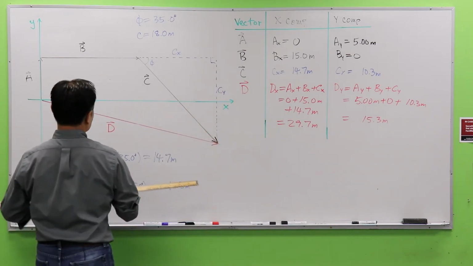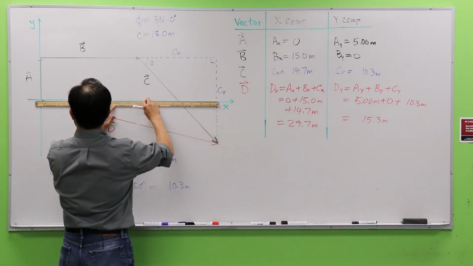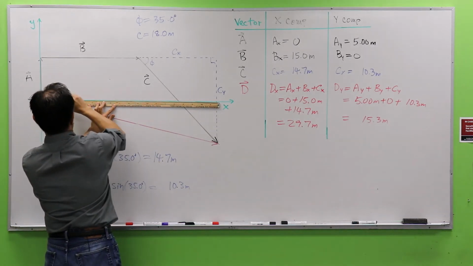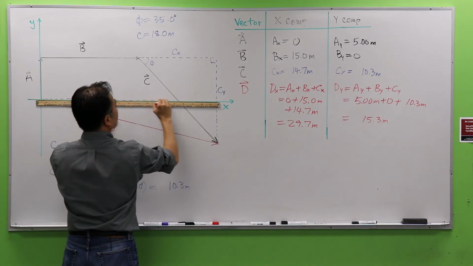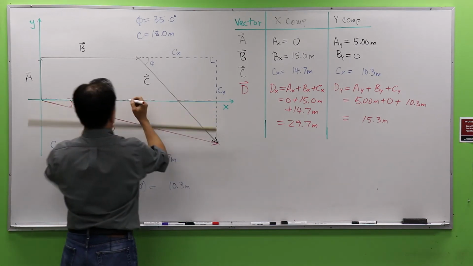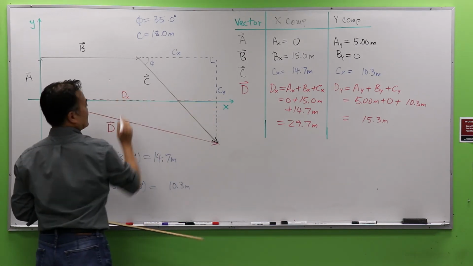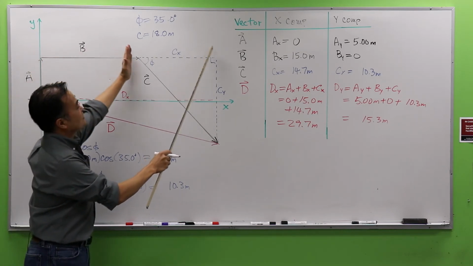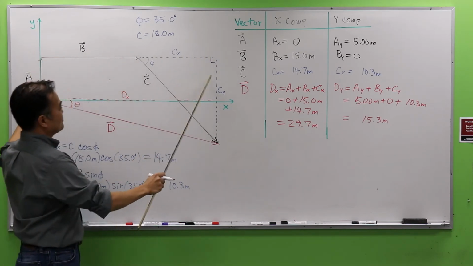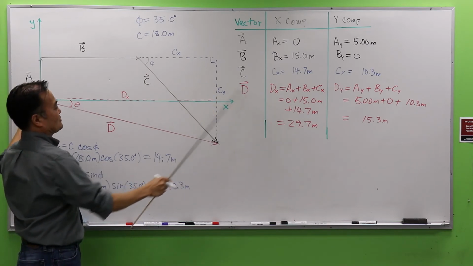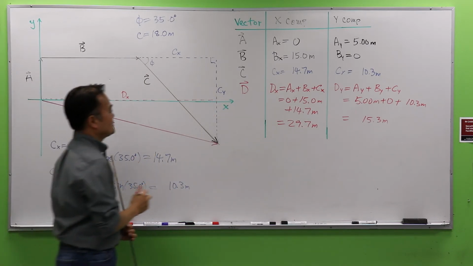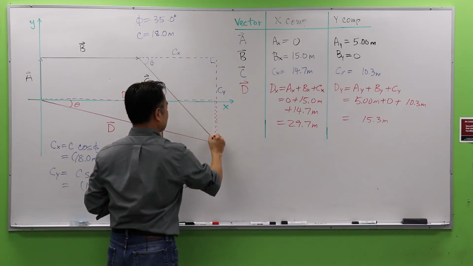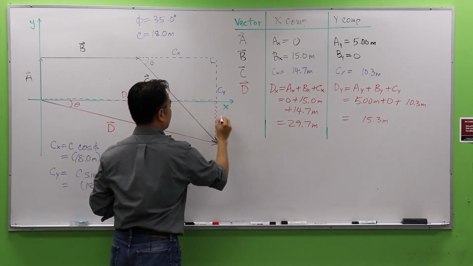If you look at this, the x component of D runs along here, and it's pretty long. Okay, so that's dx, pretty long. This is 15 meters, this is another 14.7. You add those together, you get 29.7 meters. That seems good.